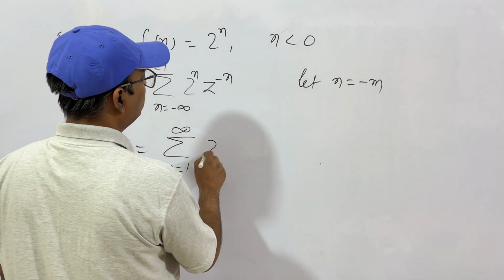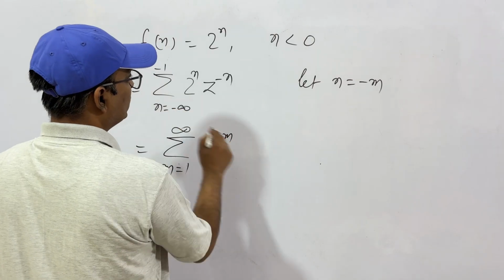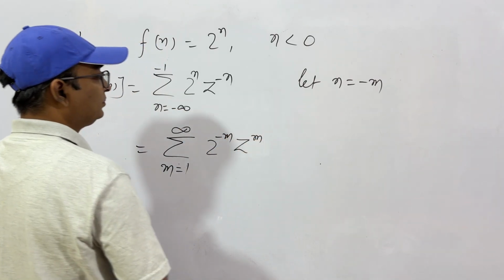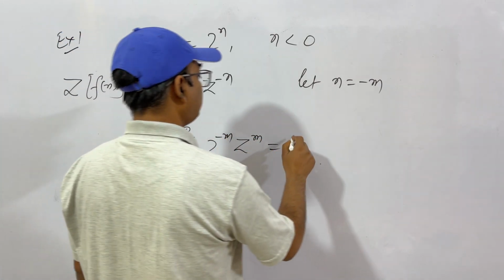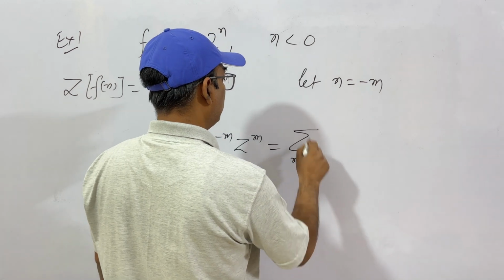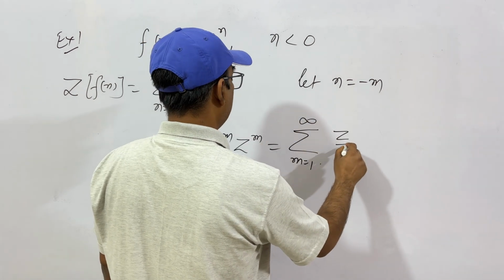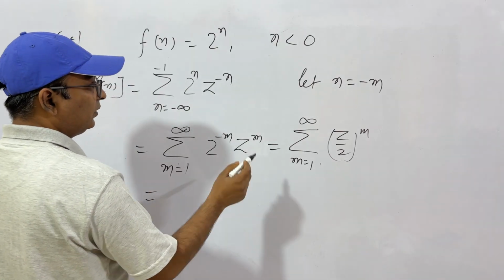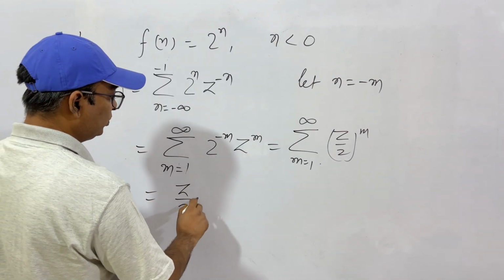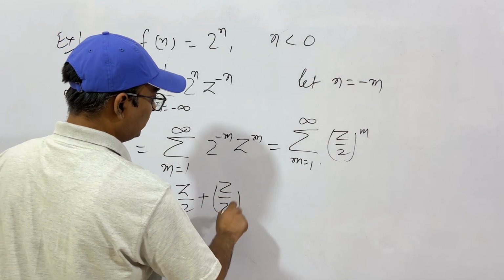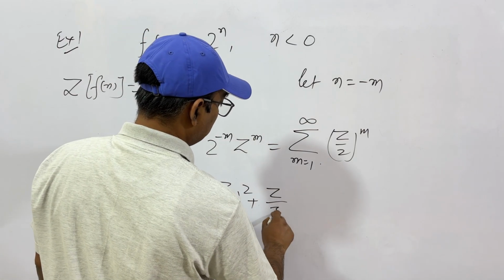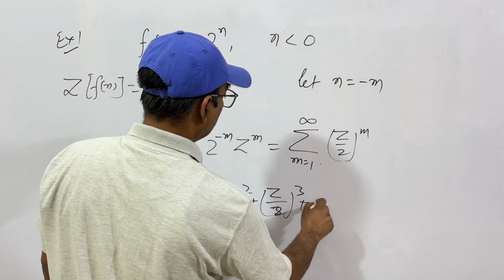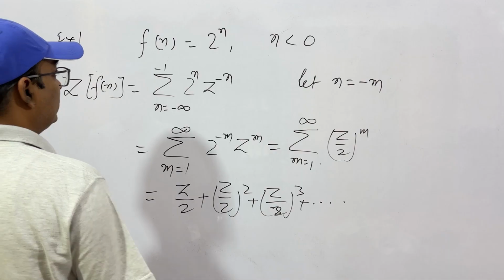And here we'll get 2 to the power minus m and z to the power m. That is the sum from m equal to 1 to infinity of z by 2 to the power m. If you expand it, when you put 1 you'll get z by 2, then z by 2 square, z by 2 cube, and so on. What is it?